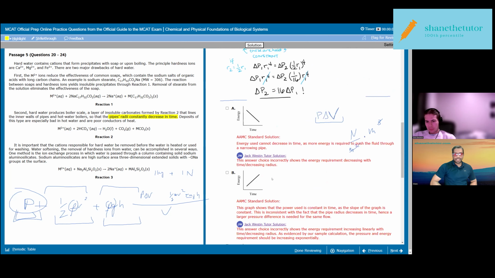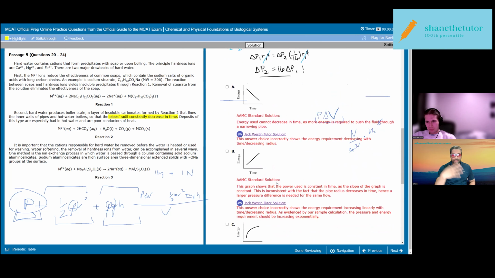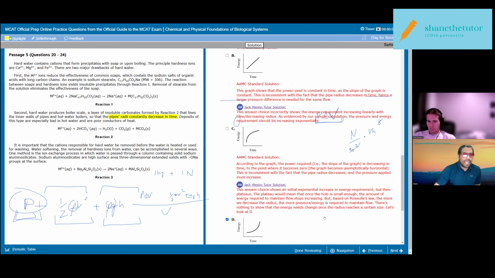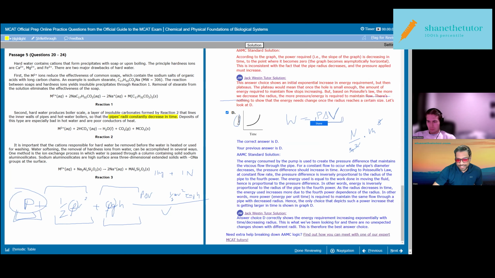When I was reading this, I thought they were going to ask something like the change in continuity. But the energy part, I spent some time thinking about, and then I remembered there's PV work. If your work is equal to P delta V, the work is proportional to the pressure, so I can use pressure for energy.